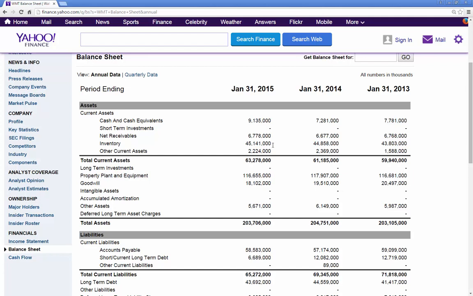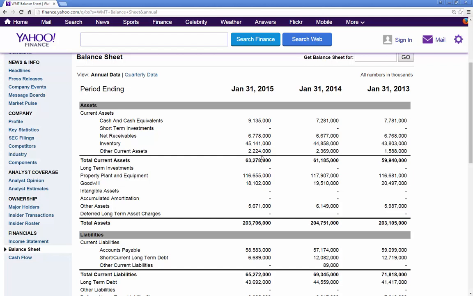Here's a big number. This is the inventory, so $45 billion worth of inventory at Walmart. That is stuff sitting on shelves, sitting in warehouses, sitting in the back of the retail stores, and I bet you at this very moment there's a fair amount of stuff on trucks being shipped from the warehouses to the retail stores.